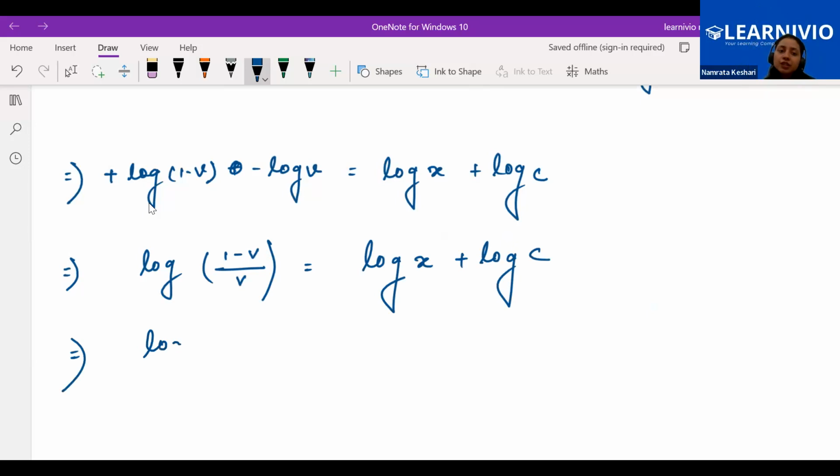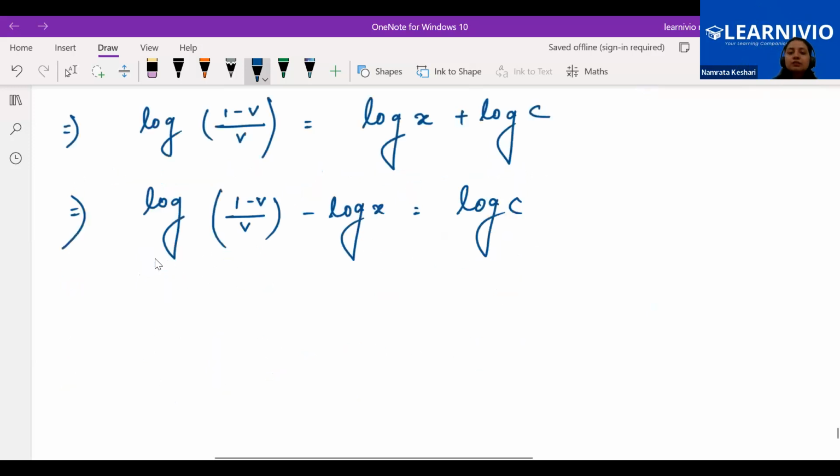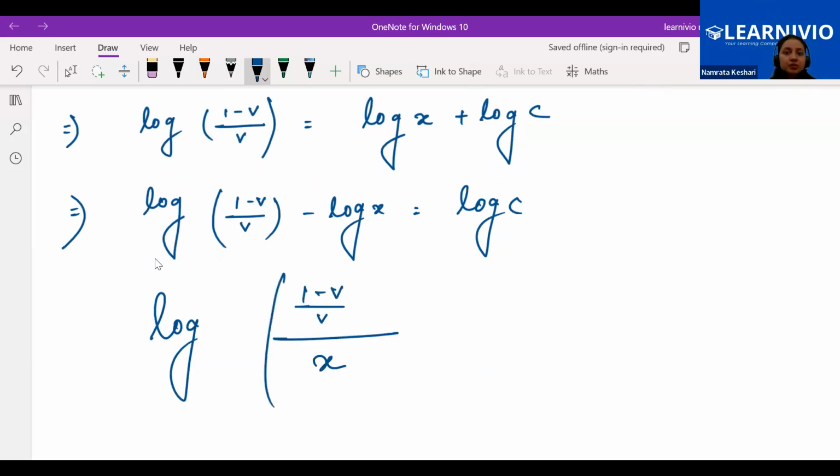So we will be having log of 1 minus v by v minus log x is equal to log c. Now this again will go in the denominator, that is log of m by n, where m is this and n is this. Right, Murtaza?